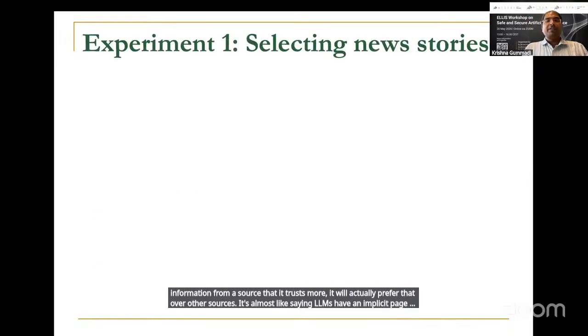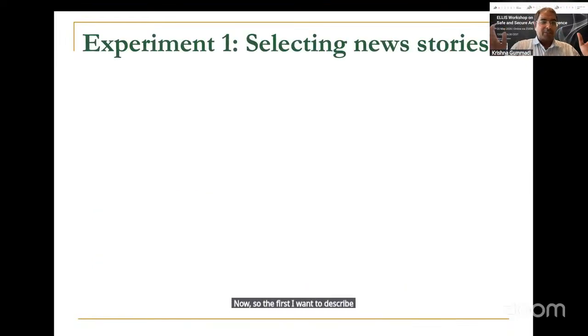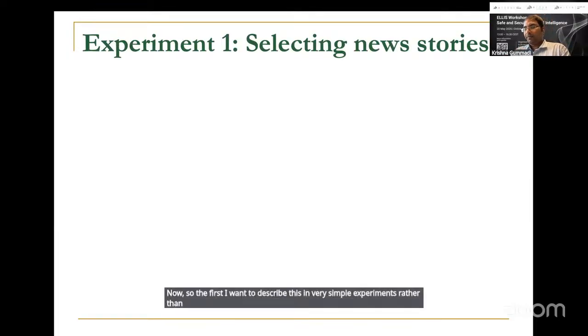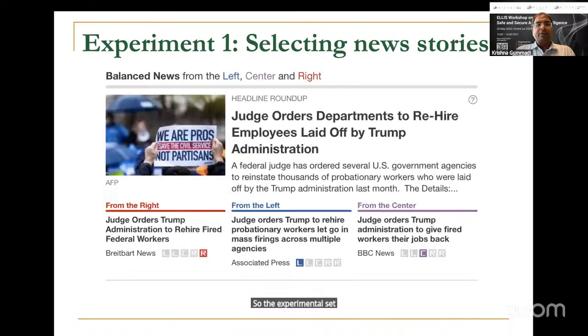Now, the first, I want to describe this in very simple experiments rather than make it a bit more formal. You can read the paper to understand the more formal setting that we have. So the experimental setup that we have is one of selecting news stories.